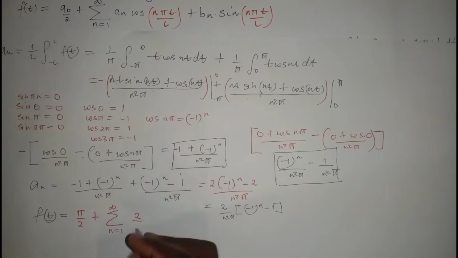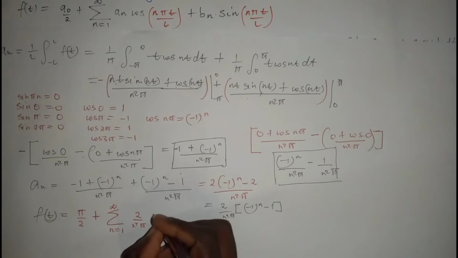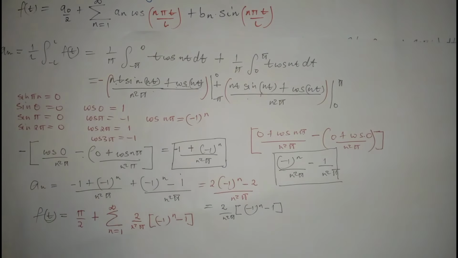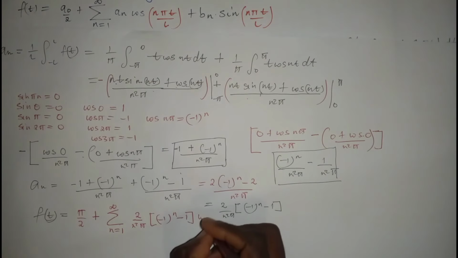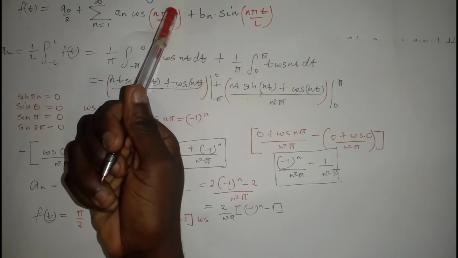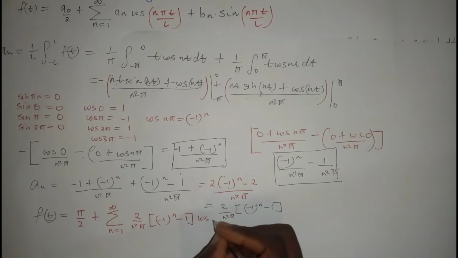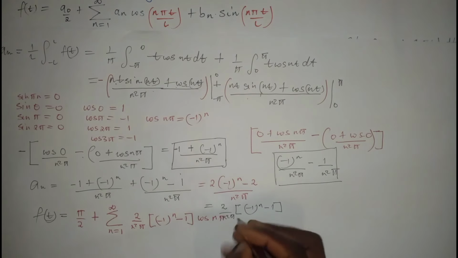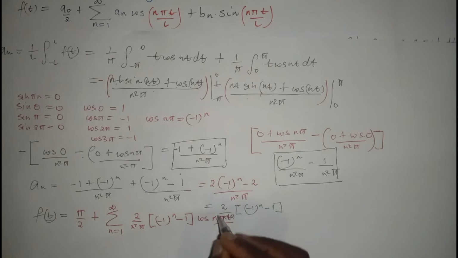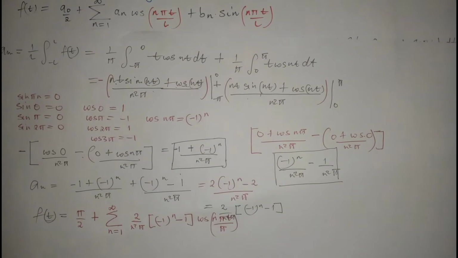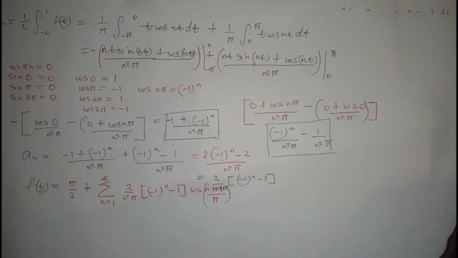We have 2 over n squared pi, negative 1 to the power n minus 1, and we're not going to forget that we're going to say cos, and I'm going to overwrite something, n pi t over L, and our L is pi. Okay, for Bn, I'm going to have 0 here. I'm sorry for writing something on top of others, but I'm running out of space.